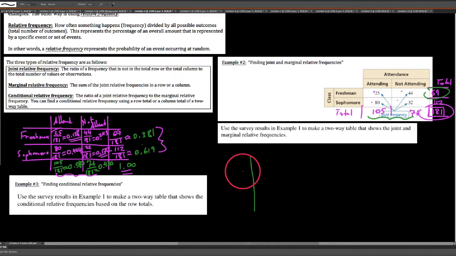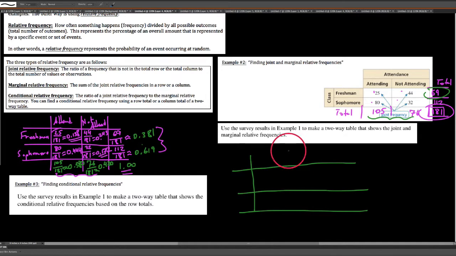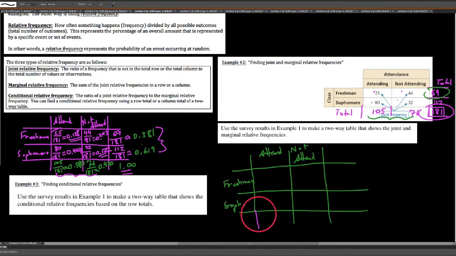The first thing I'm going to do is reconstruct the table that we've already had, except this time we're going to drop in our percentages. So we would say attends, not attending, freshmen, and sophomores. Looking at our frequencies, this is the total, the marginal, out here on the margin.